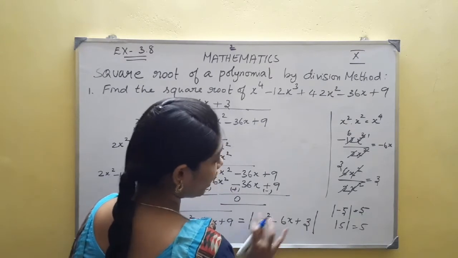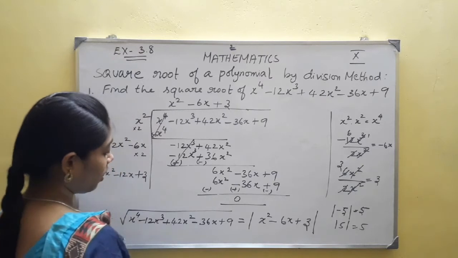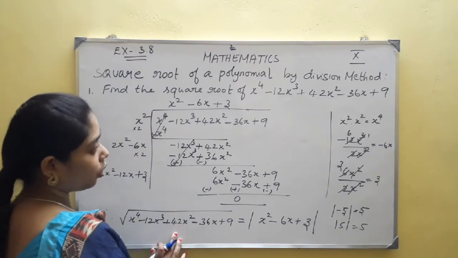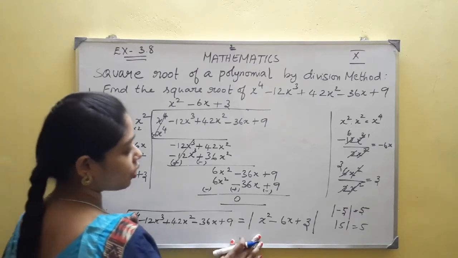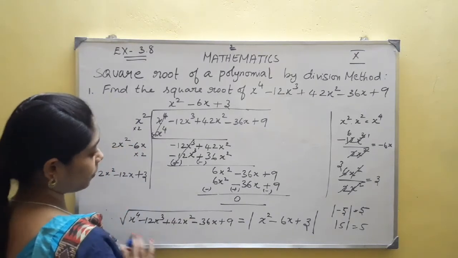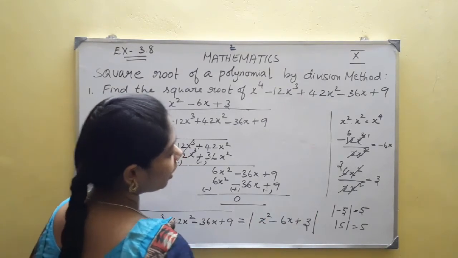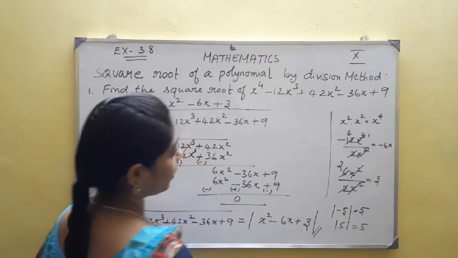So to indicate this polynomial is positive, we are using the modulus sign. Because the square root of any polynomial or any positive real number gives you a solution with the positive sign. So to indicate this value is positive, we are using this modulus sign. Conclude a solution with this modulus sign.